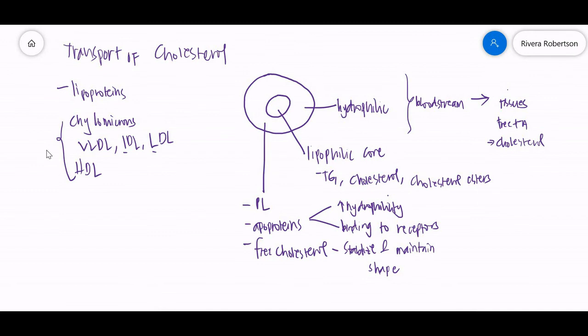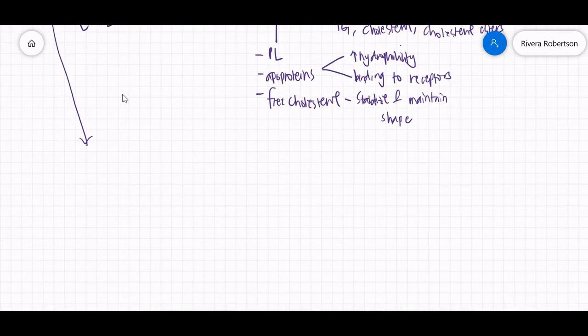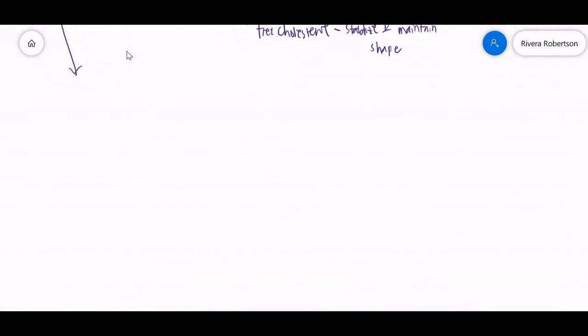So let's first discuss your chylomicrons. Chylomicrons are the transport lipoproteins that are responsible for the transport of lipids and cholesterol from the diet into the bloodstream, and they produce chylomicron remnants.